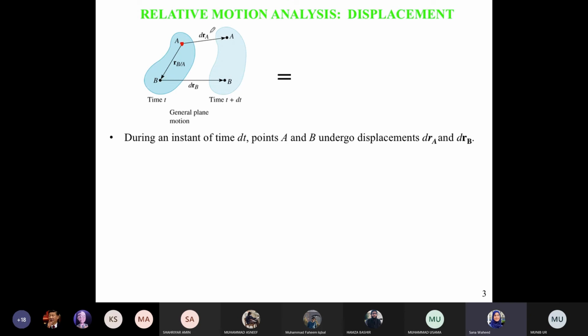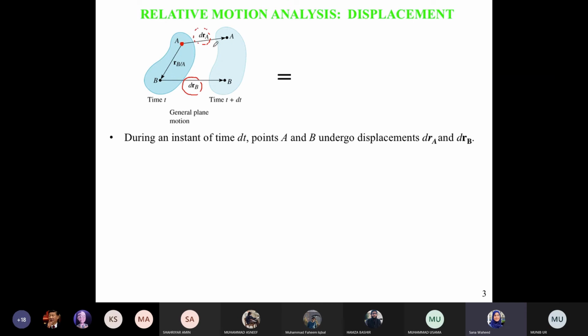So clearly A's displacement is this dRA and B's displacement is this dRB. Okay, so we are going to try to figure out what these are. First of all, note that A was my base point. So I'm going to assume that I know the motion of dRA.